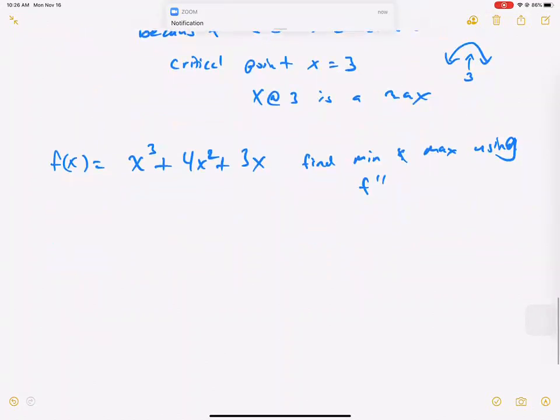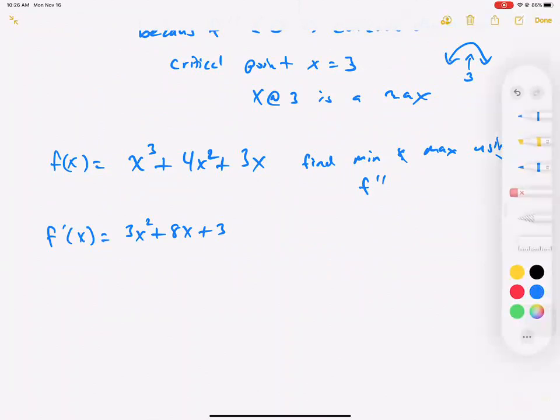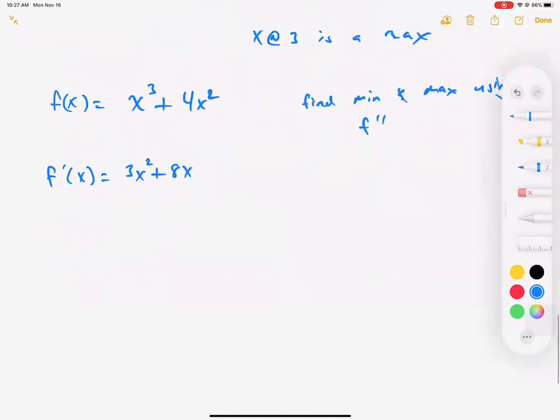So let's go take the derivative. This will be 3x squared plus 8x plus 3. Darn it, let me make your lives a little easier because we can't factor that. Erase the 3x. Trust me, you'll thank me later. Make the problem easier. Now we're going to make this go to 0.